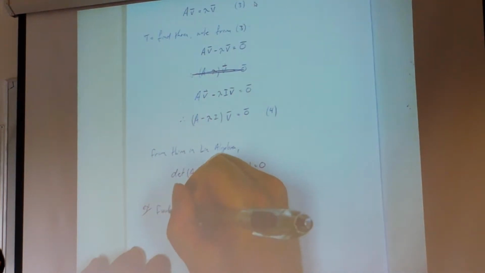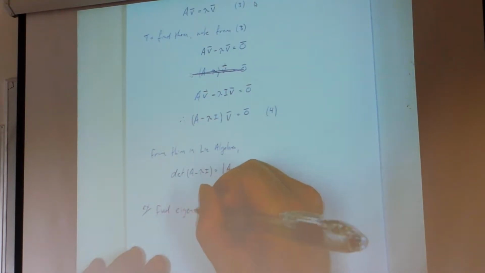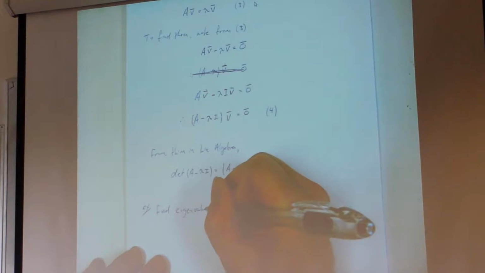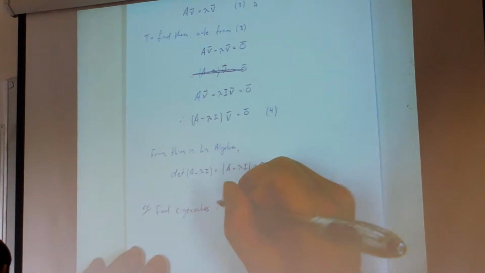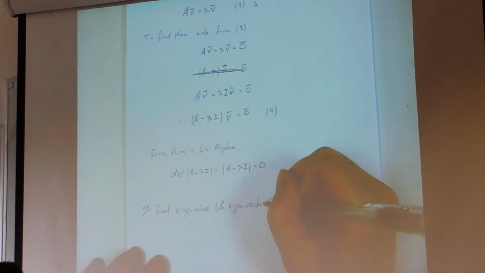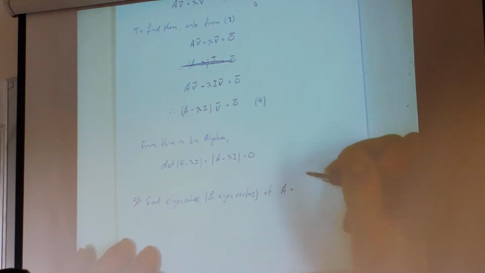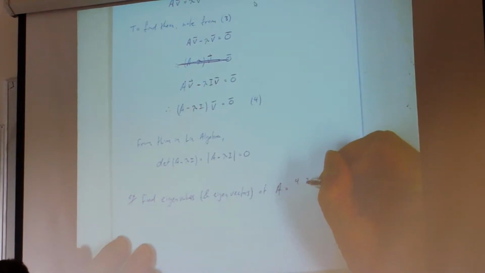So let's find the eigenvalues and their corresponding eigenvectors of this matrix, A, 4, 2, 1, 3 in that order.